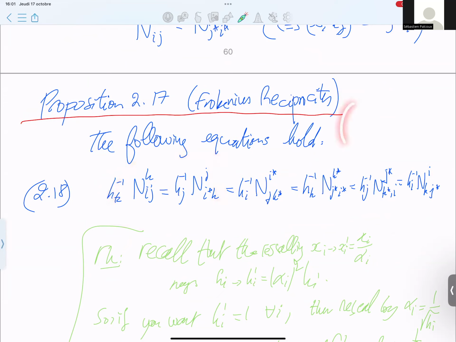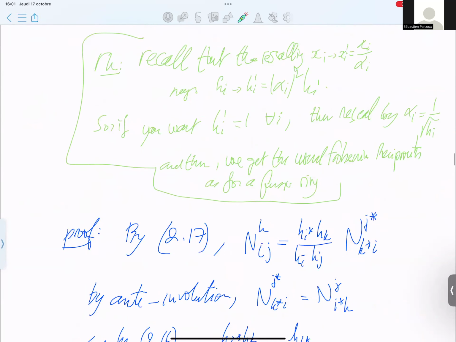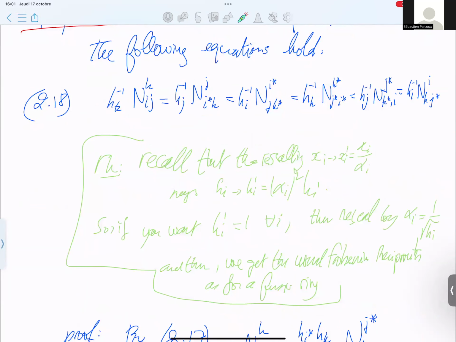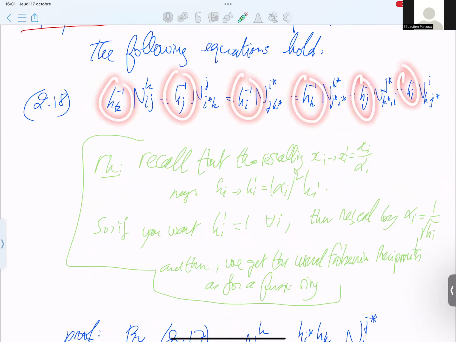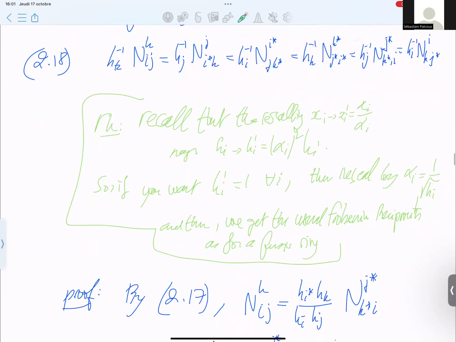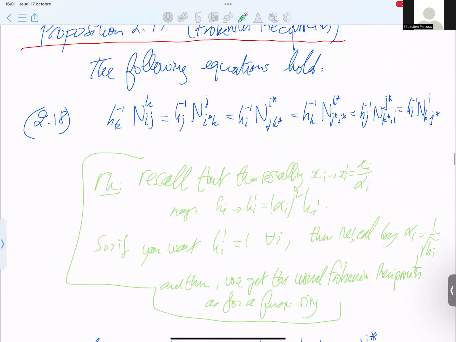From this reciprocity, it means exactly that the fusion matrix of the dual is the adjoint of the fusion matrix. But here you have to be careful, you have to take care about some coefficients because we are in a hypergroup, not in a fusion ring. Okay, so the proof.